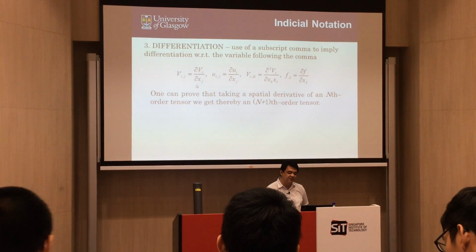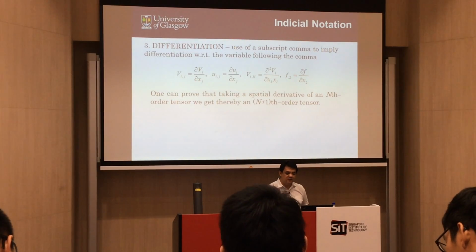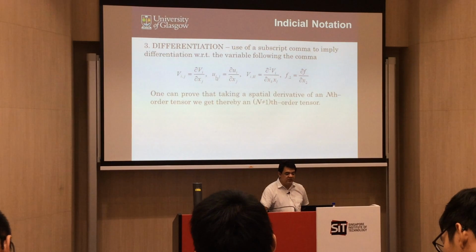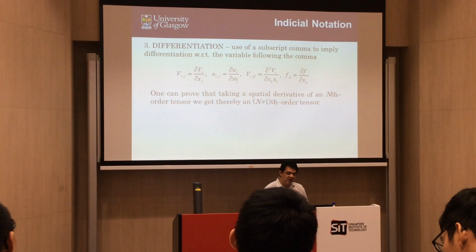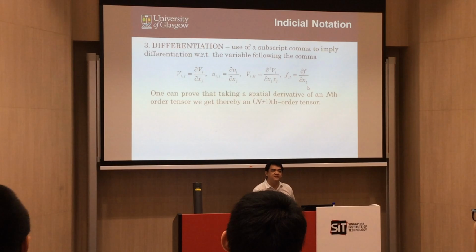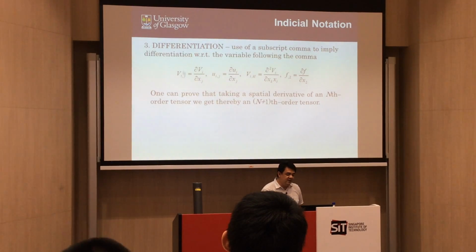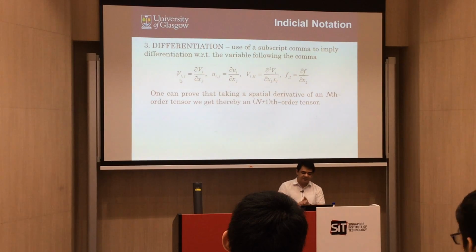That comma represents differentiation with respect to j. Similarly with this one u_i,j, which is the partial derivative of u_i with respect to x_j, and so on and so forth. Okay, so this comma here represents differentiation. So again, like I said, it's the convenience, economy, rather than writing it in this manner, you have to write it in this manner. Okay?